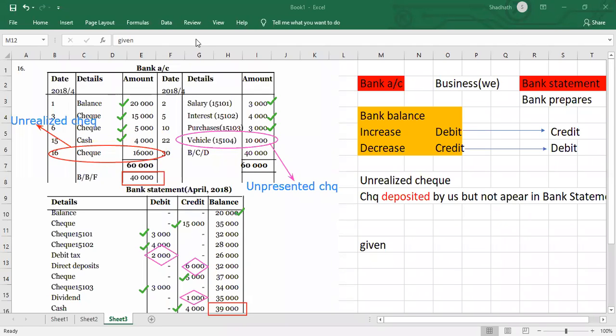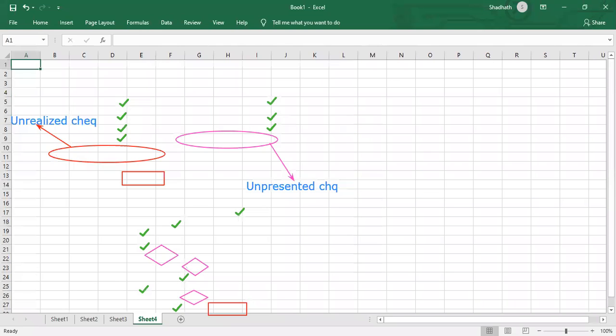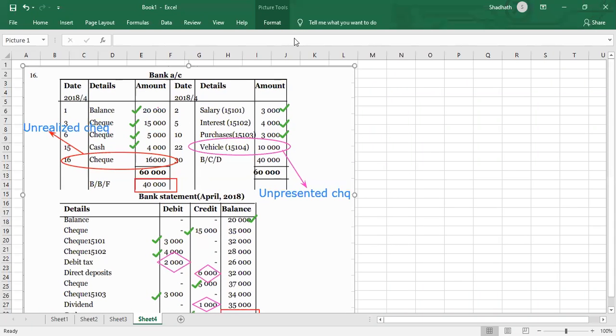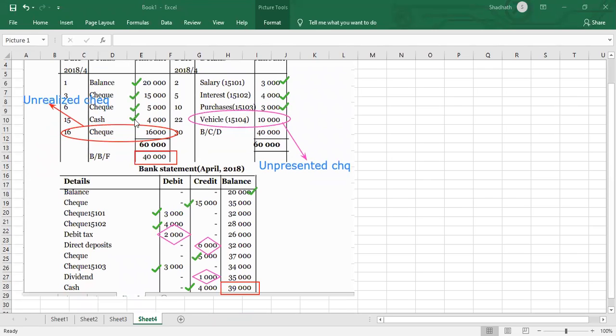Three entries are appearing in the bank statement but not in the bank account.